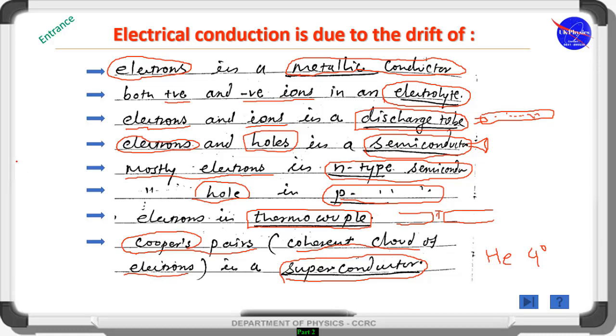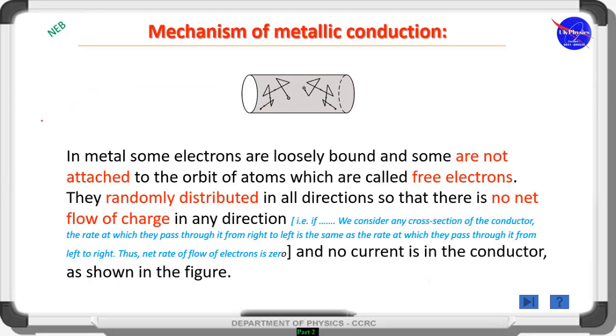Alright, so these are the points which are basically important for the entrance. Now let's move on to the mechanism of metallic conduction. Before discussing the mechanism of metallic conduction, suppose this is the nucleus.